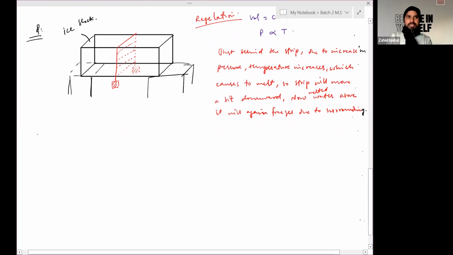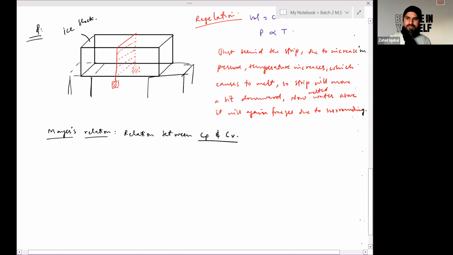Now, the next question will be asked about Mayer's relation, or simply the relation between Cp and Cv, or why Cp is greater than Cv.